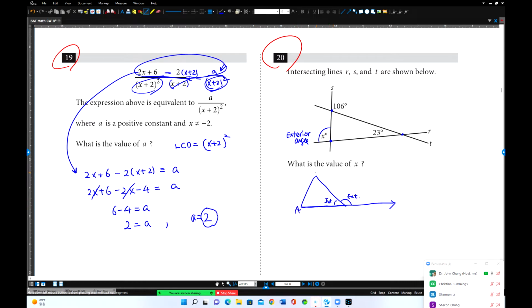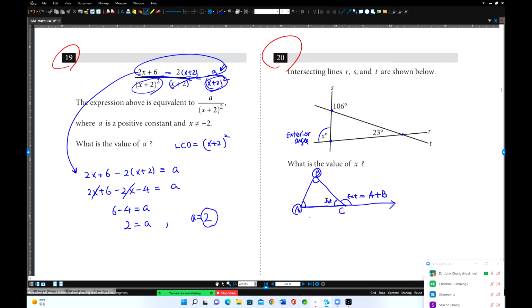If this is angle A, this is angle B, and this is angle C, the exterior angle always equals the sum of the non-adjacent interior angles, A plus B. That is the exterior angle theorem.